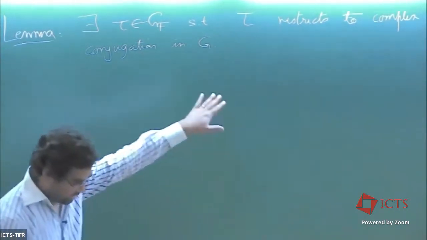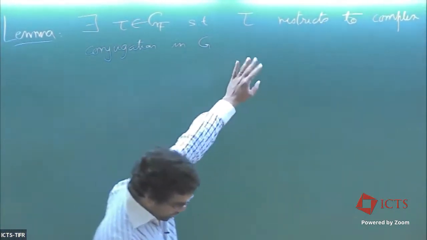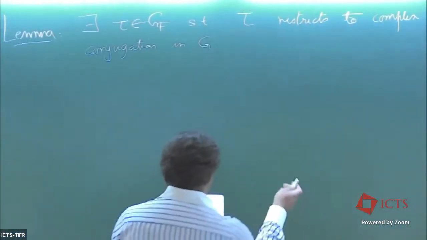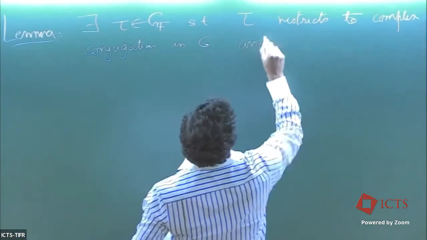Usually this much is enough to just take any tau like this, but that's not enough for what we do.